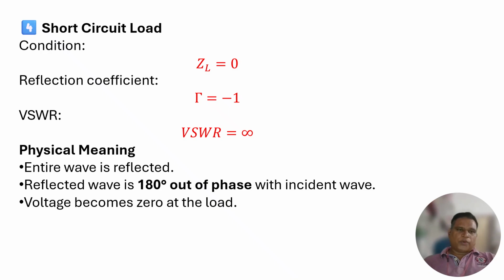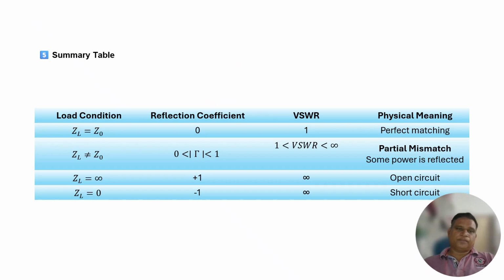Coming to the short circuited load, ZL is equal to 0. The reflection coefficient is equal to -1. VSWR is also equal to infinity. What is the physical meaning of the short circuited load? The entire wave is reflected, but the reflected wave is 180 degrees out of phase with the incident wave. The voltage becomes 0 at the load.